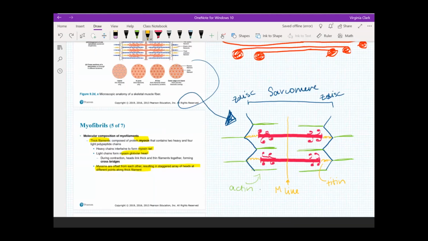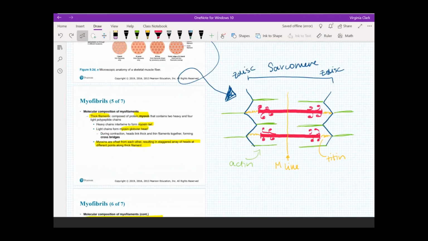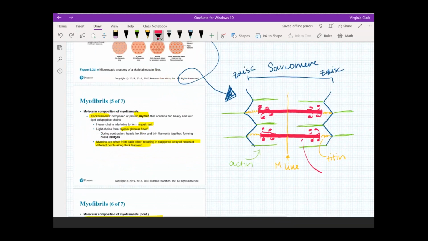Okay, so now when you look at it and you see this, we have organized our sarcomere, our actin. I did not actually draw it, but this is our myosin.